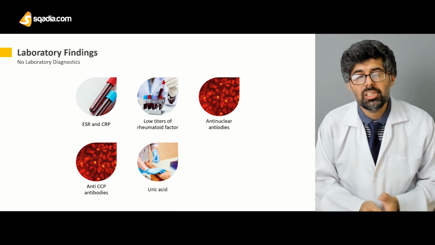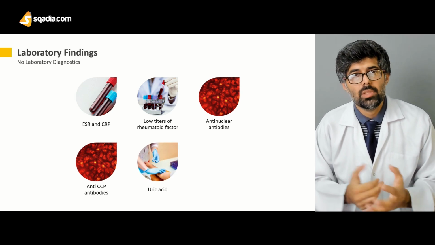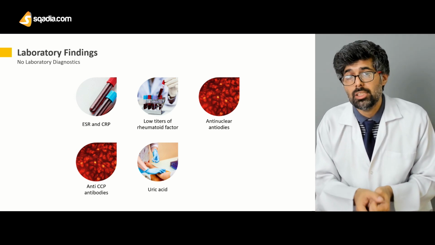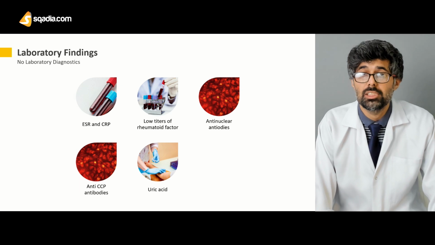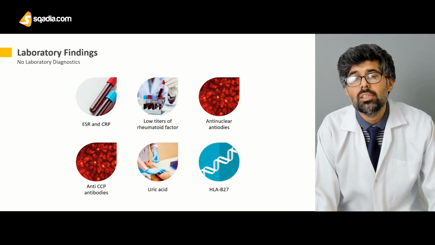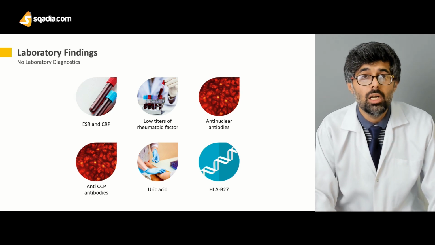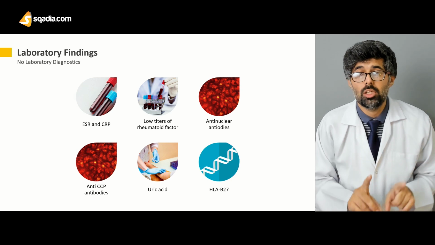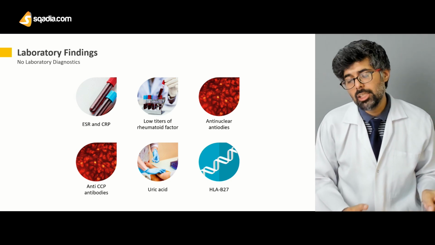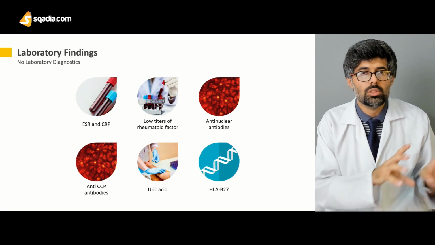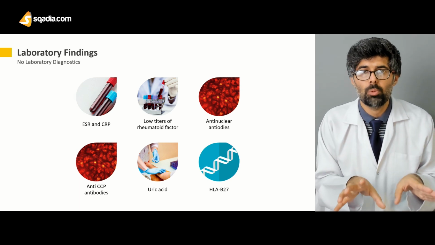Next, there's an increased amount of uric acid. Again, because of the psoriasis, in psoriatic spondyloarthritis, uric acid is increased. Last but not least is the HLA designation B27. Now this one is the hallmark of all of the spondyloarthritides. But in the psoriatic one, it is present in about 30 to 50% of all patients.